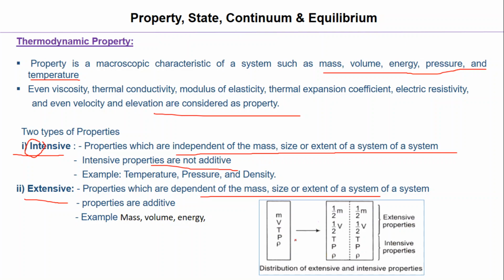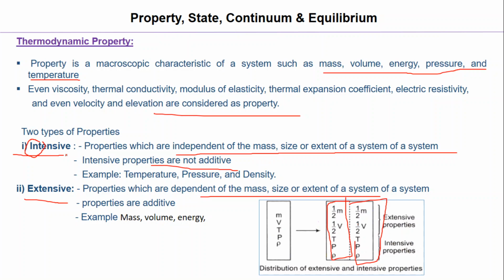Here this is a system where the mass, volume, temperature, pressure and density, M, V, T, P and rho, are the properties of the system. If I consider this system in two halves, then mass will become half on both sides, volume will also become half, this is a half volume and this is a half volume. Since volume is half, mass has also become half, but temperature will be the same, pressure will be the same, and density will not change on both sides.